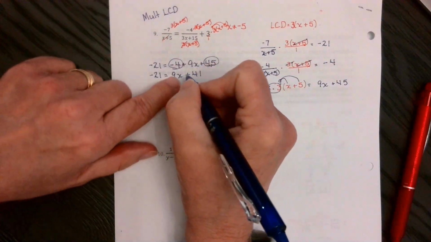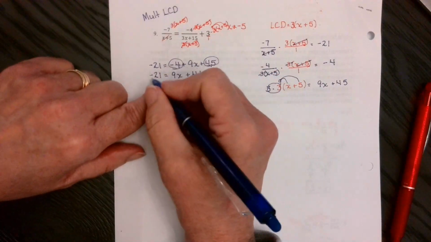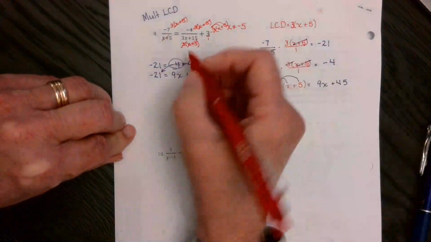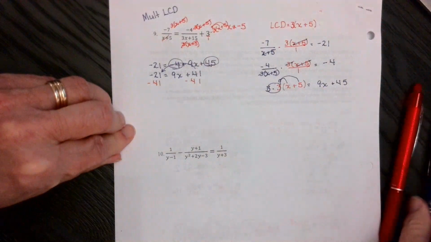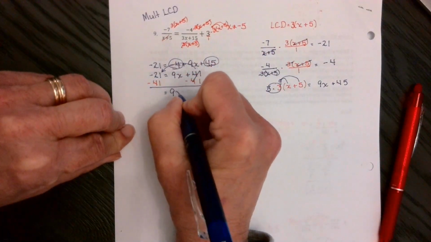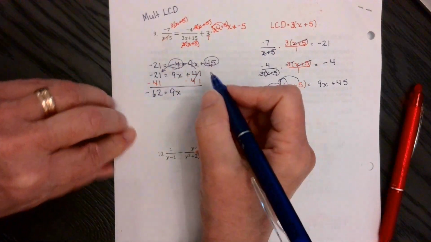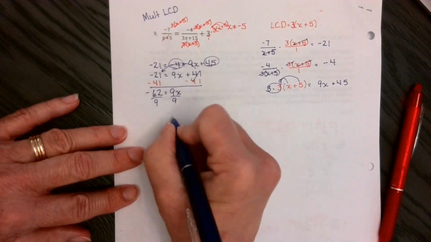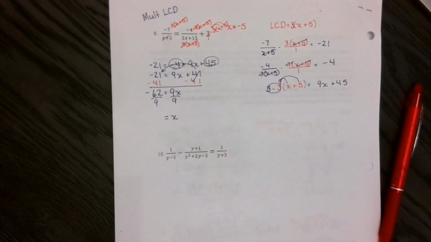Now, my variables are on my right side, so I'm just going to go ahead and move the 41 to the left side by subtracting it. And I get 9x here, and I get negative 62 here. I'm going to divide by 9. But 9 will not go into 62 evenly, okay?